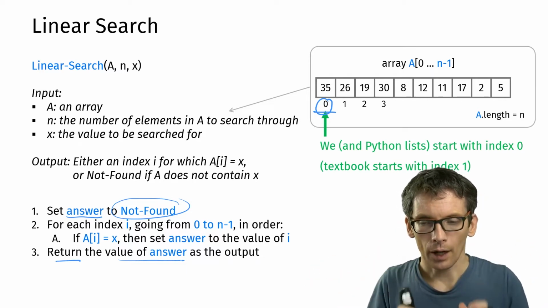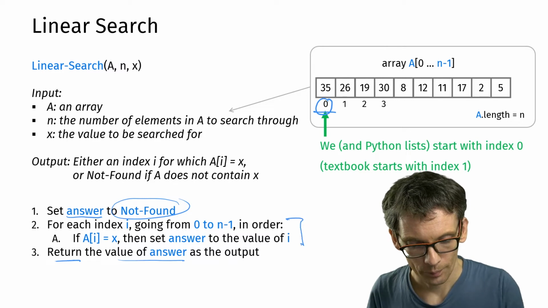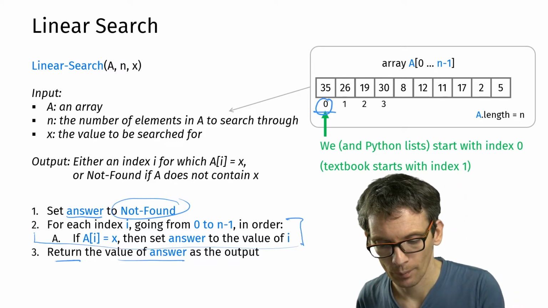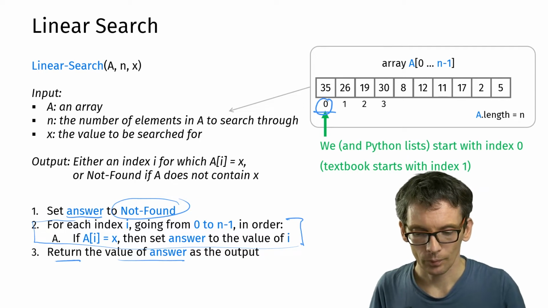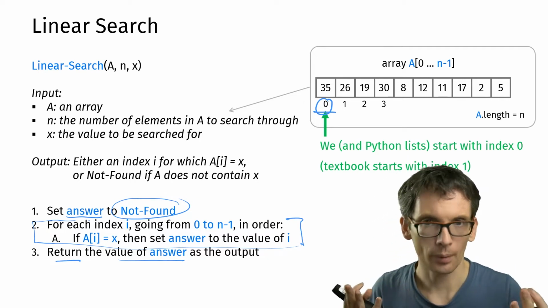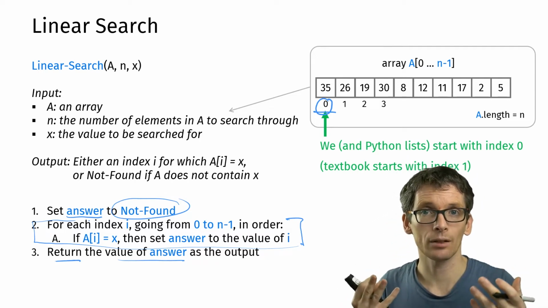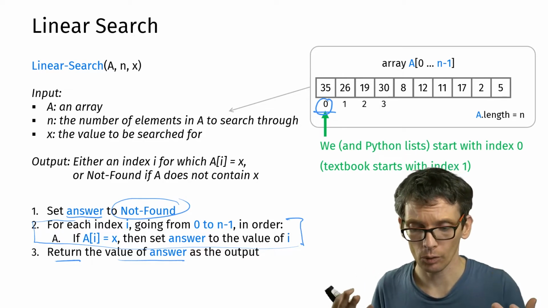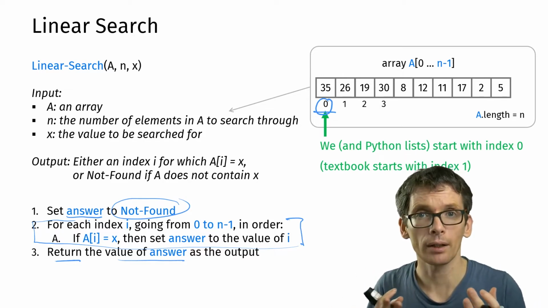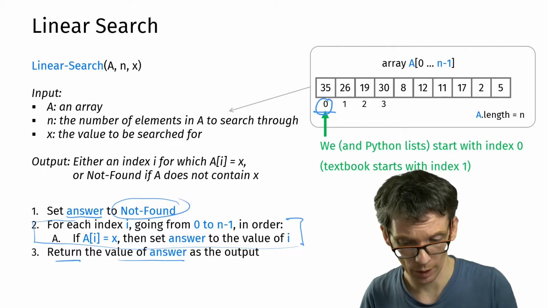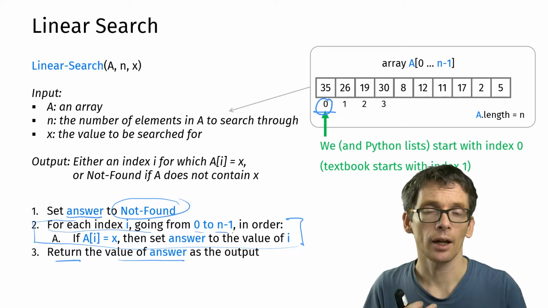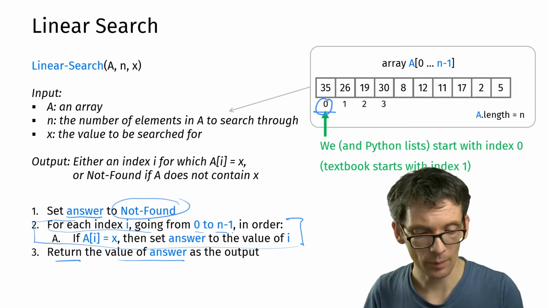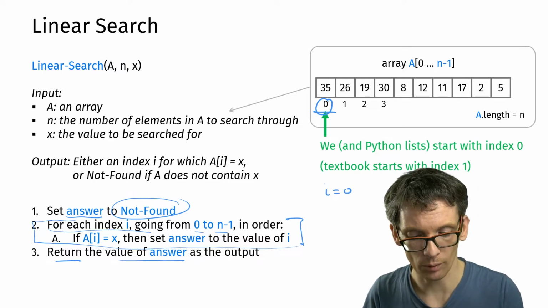Initially that's not found, but the algorithm might change that. Then the algorithm has a loop here. If you have programmed before, you've seen loops and you've seen for loops. But let me briefly explain what these two lines do. If I say for each index I from 0 to n minus 1, I'm going to start with I is 0.